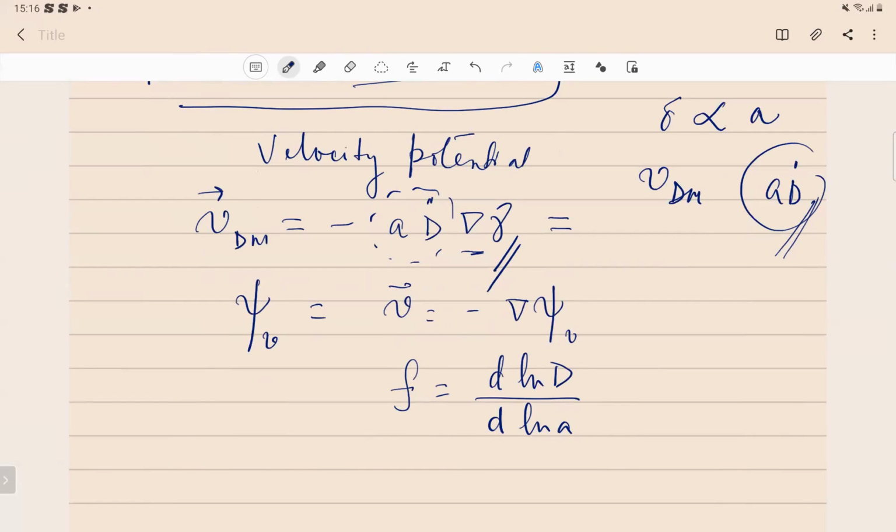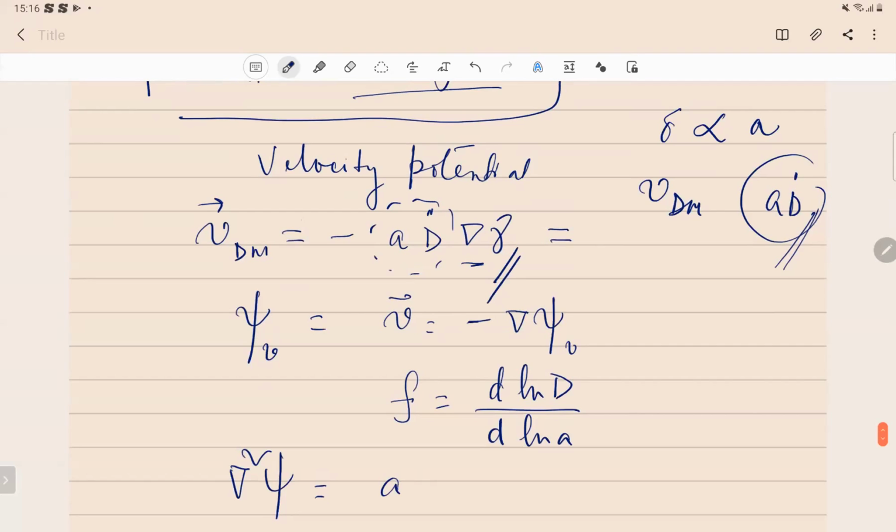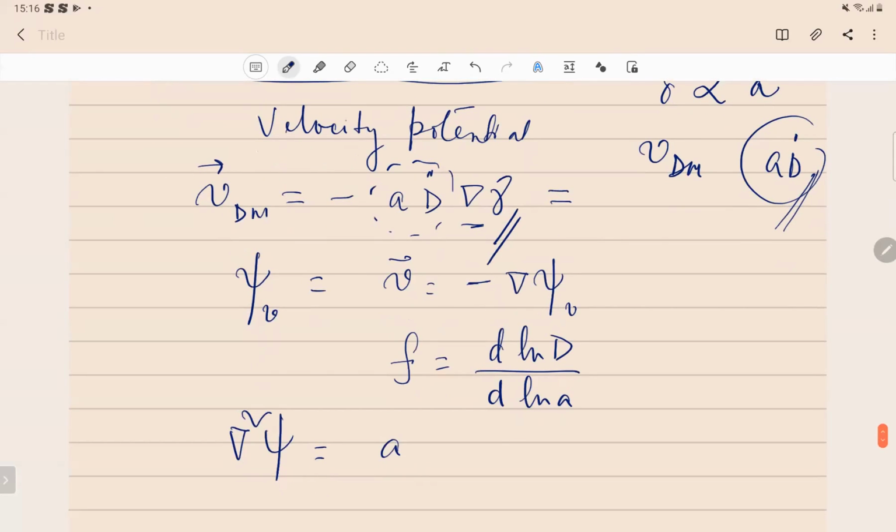So in terms of this F, you can immediately see that del square psi will be A D dot.